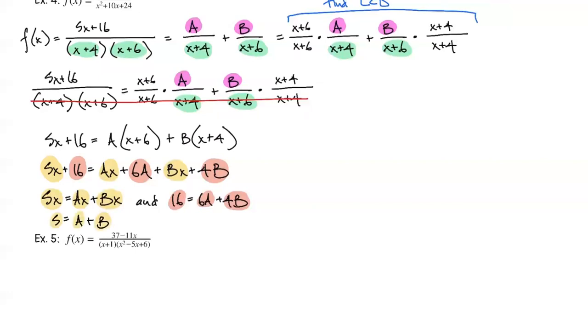Okay. So now we have this red equation, 16 equals 6a plus 4b, and 5 equals a plus b. All right. So I'll give you folks a moment to go ahead and see what you can find for a and b.